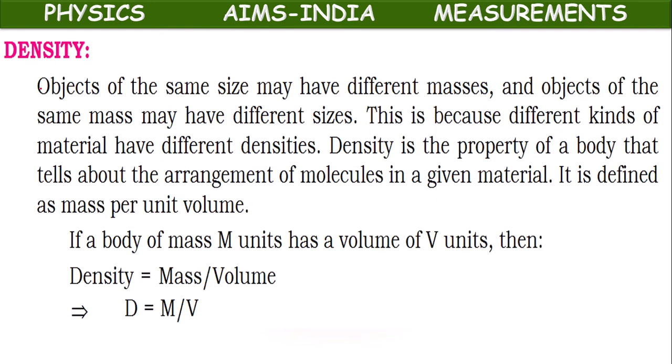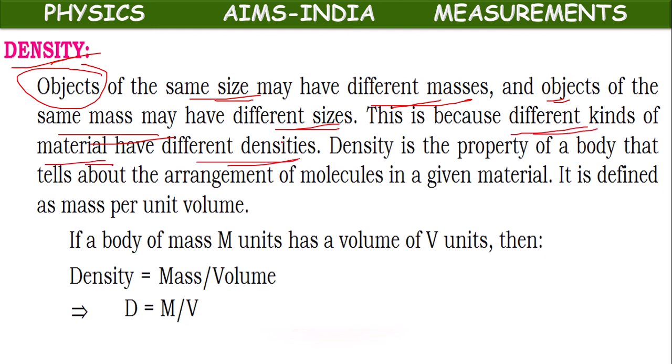Next, objects of the same size may have different masses, or objects of the same mass may have different sizes. Why? Because different kinds of material have different densities.